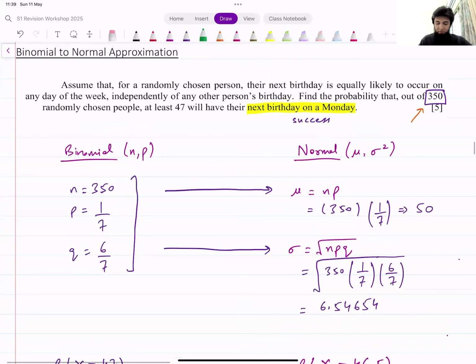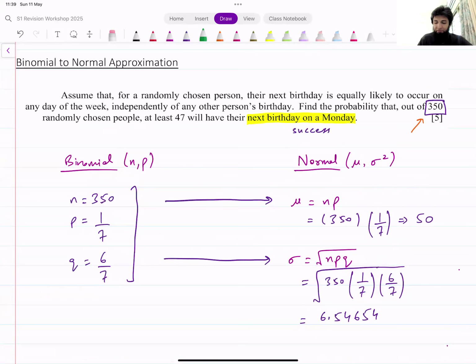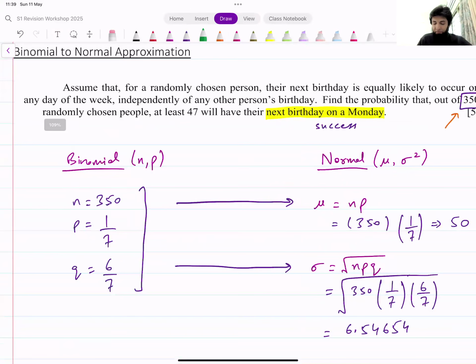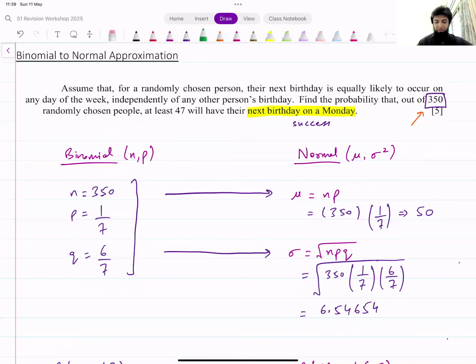Now, they want us to find that out of 350 randomly chosen people, at least 47 will have their next birthday on a Monday. Now, what kind of distribution is that? We have some repetition going on. We've got 350 people that we're talking about. For each of them, the probability that the birthday is on Monday is the same, right? For every person, it's the same probability. That's 1/7.